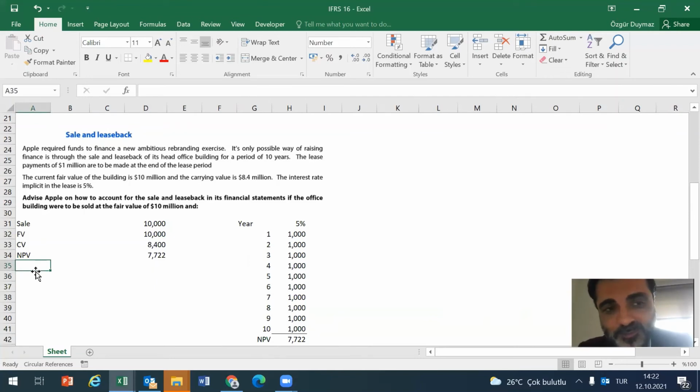In this type of question, the net present value cannot be treated as right of use asset because we are selling first and leasing back. We need to find the right of use asset portion of the net present value.